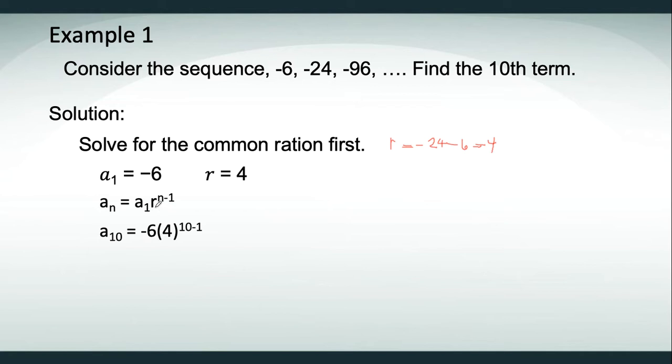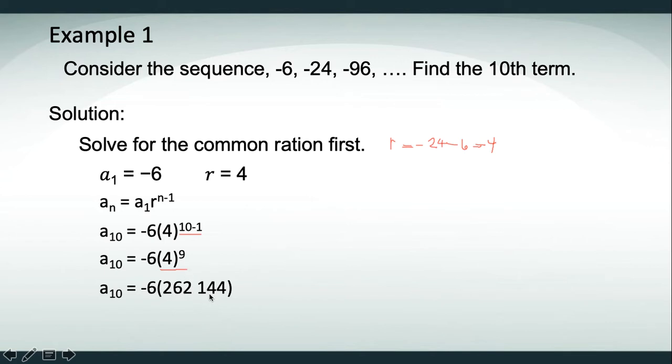Because we are looking for the 10th term, a sub 1 is negative 6, r is 4 and n is 10. Let's start solving the exponent, 10 minus 1. That is 9. Then let's solve 4 to the power of 9, which is 262,144.